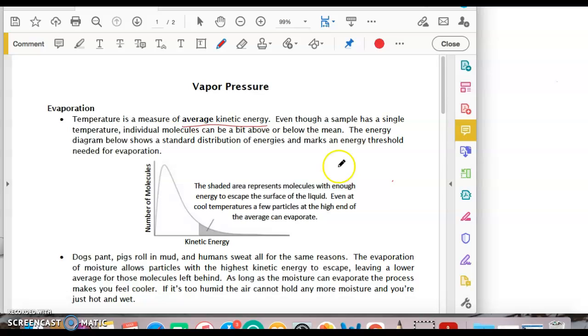And so here we have a standard distribution curve where the y-axis is the number of molecules and the x-axis is our kinetic energy. We can actually just say that kinetic energy is temperature.